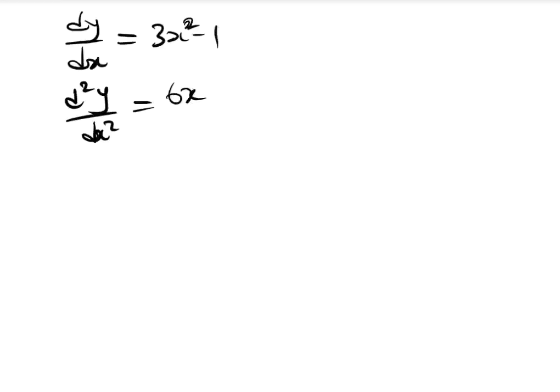And since we have the value of x to be equal to either root 3 divided by 3 or minus root 3 divided by 3, we have to substitute the value of x in this expression.